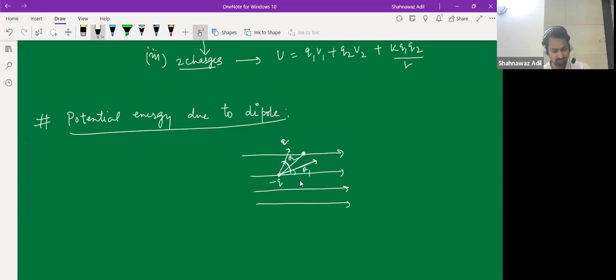Or let me simplify the question more. Linear or rotational force? Which force is doing the work? Rotational, right?